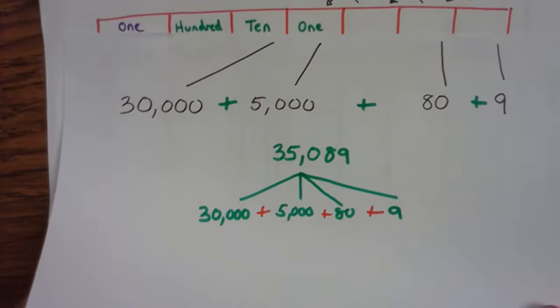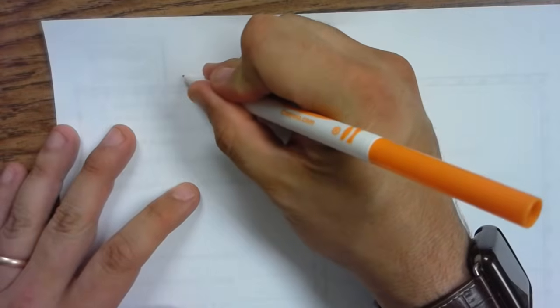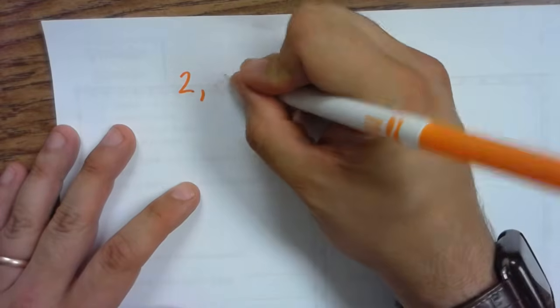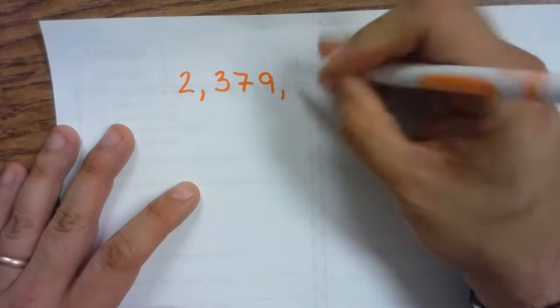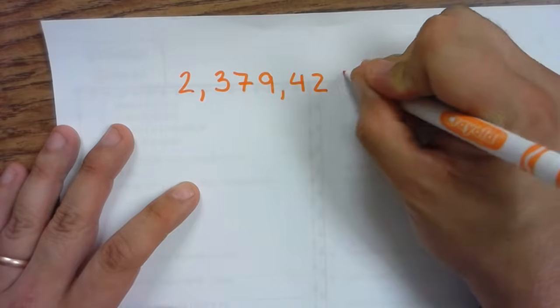So let's take a look at one more example for those 3 forms. Let's say I had the number. I'm just going to come up with another one on the fly right here. Let's go with 2,379,426.